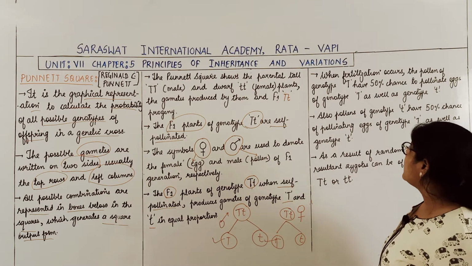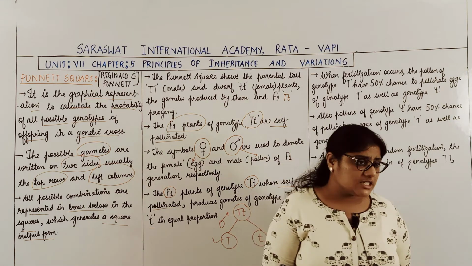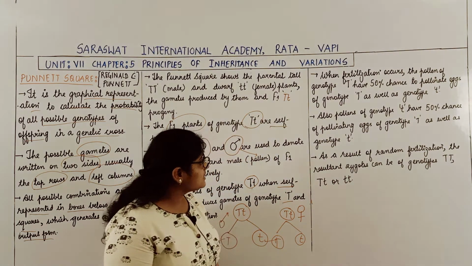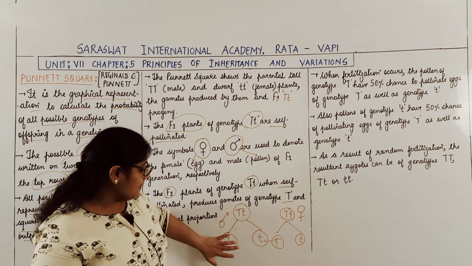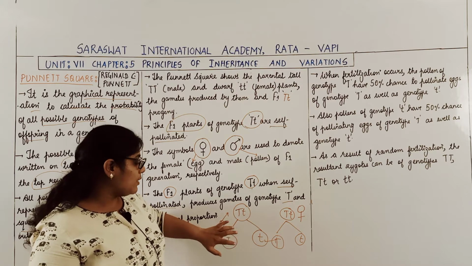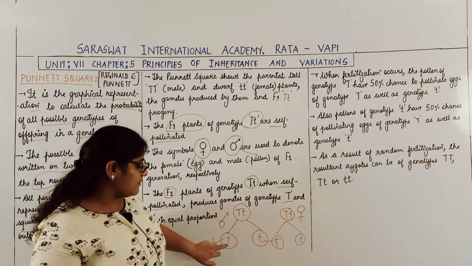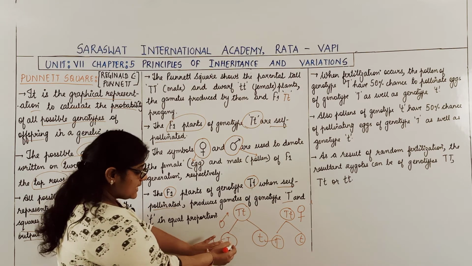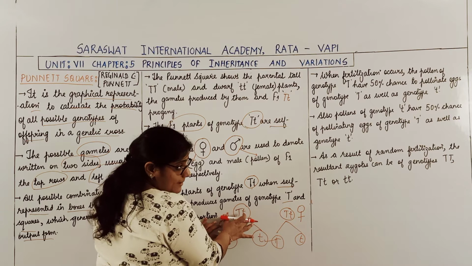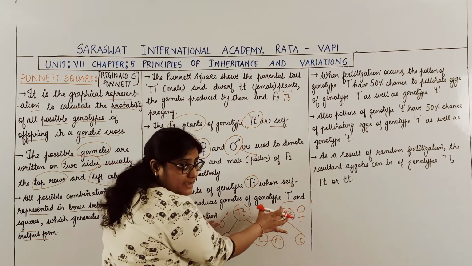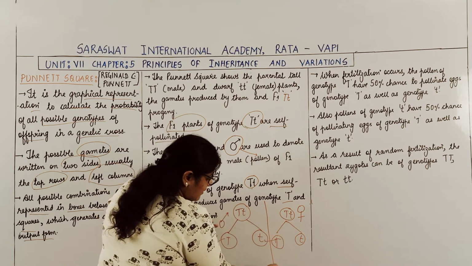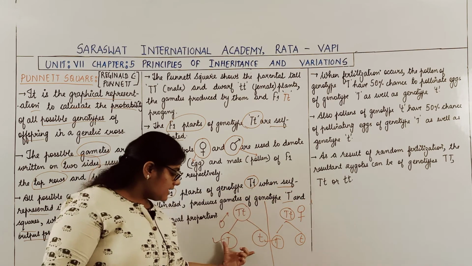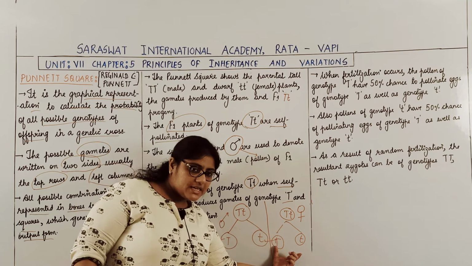Now, what are the chances when fertilization occurs? Say we are talking about this particular pollen grain with the genotype capital T. This is a male parent, this is a female parent. Students, be very careful. These are the male gametes, these are the female gametes.